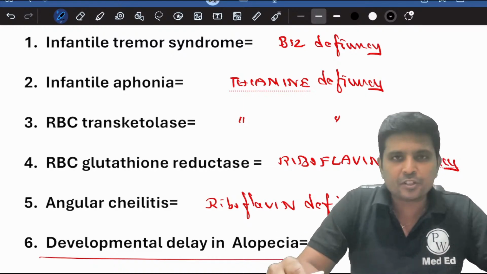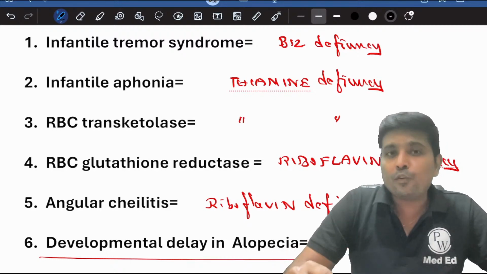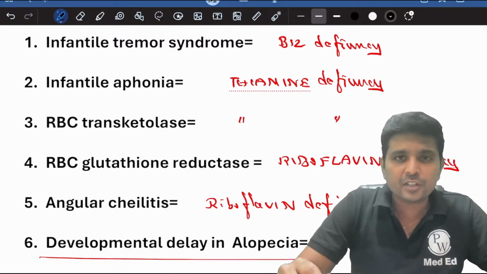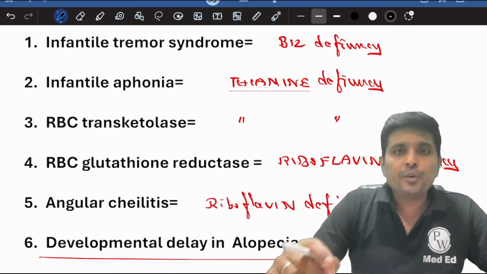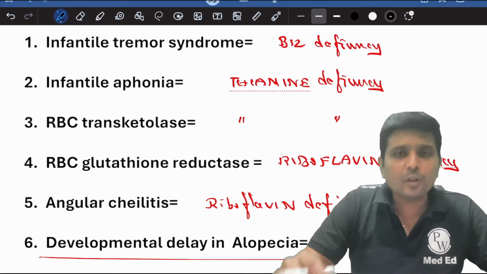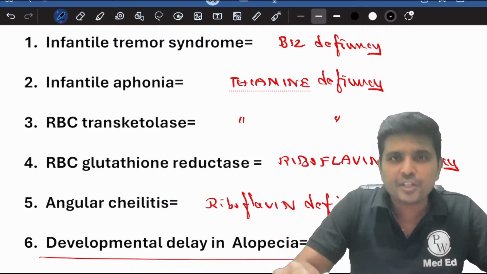And one more manifestation of B12 deficiency is infantile tremor syndrome. Okay, right. Apart from that, what else can you have with respect to B12 deficiency? Simple. B12 deficiency is also characterized by pancytopenia, because DNA maturation of RBC, and not only RBC but also platelets and WBC, depends on B12.